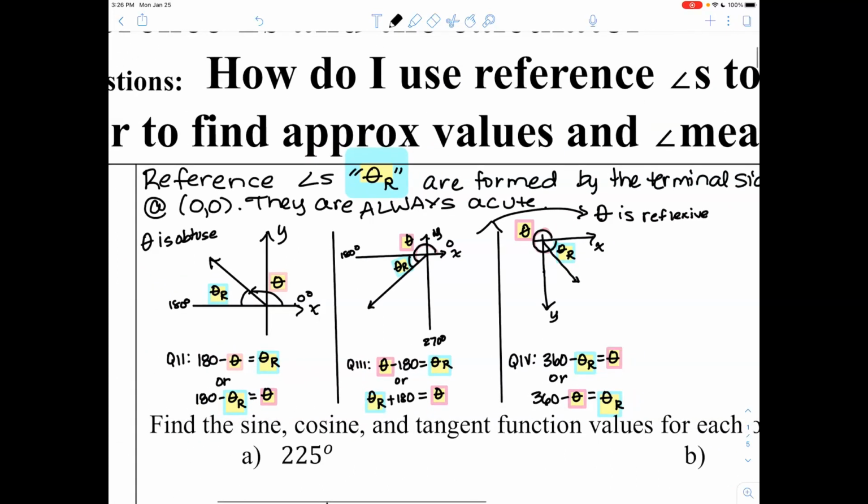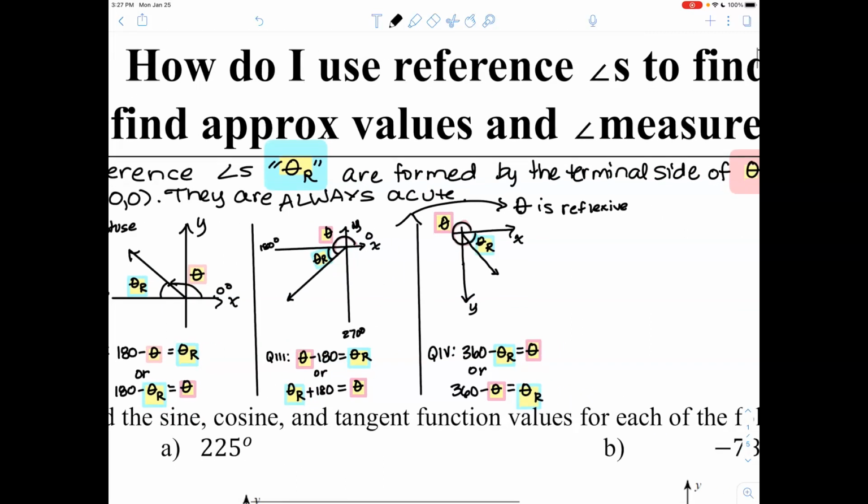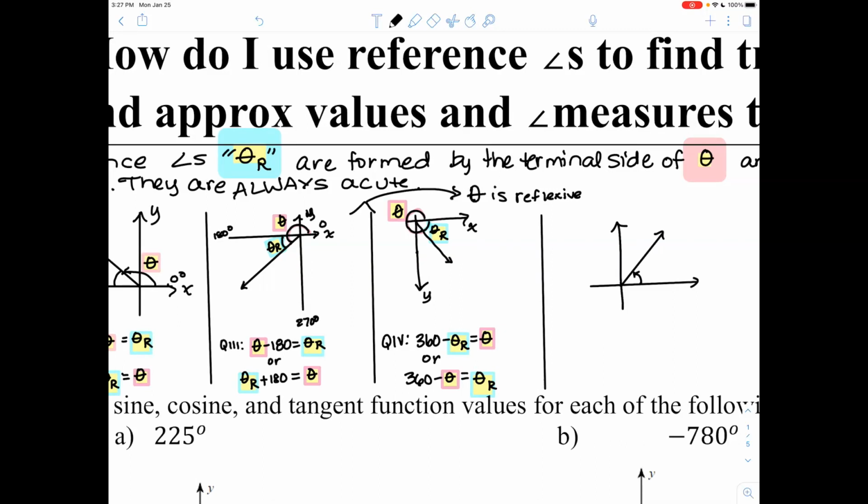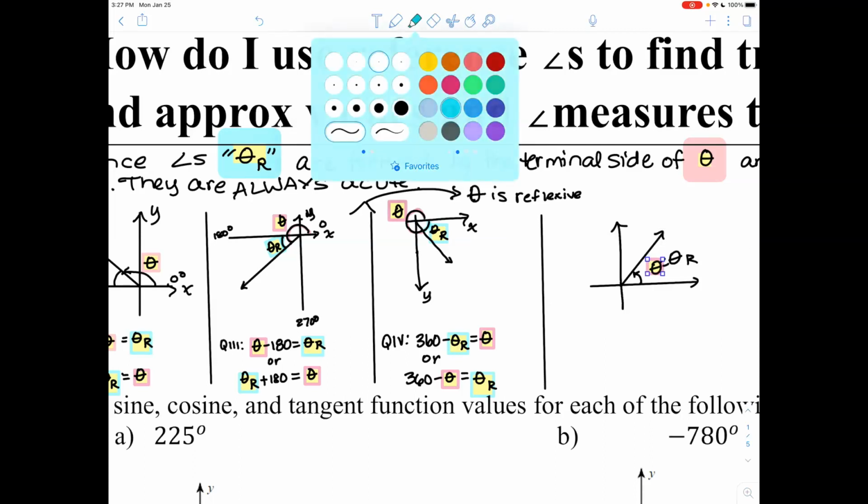But in these pictures, we're looking at obtuse angles and reflexive angles. Now, I didn't mention quadrant 1, but we can talk about that. If we have an angle theta in quadrant 1, theta is also theta reference. So they're equal to each other, and that is because theta in quadrant 1 represents an acute angle for the most part.